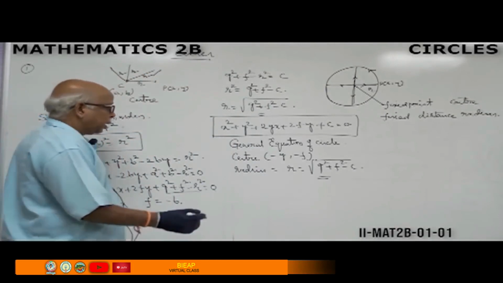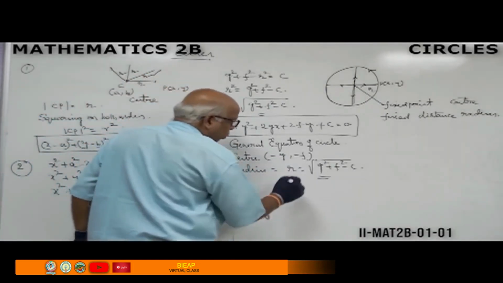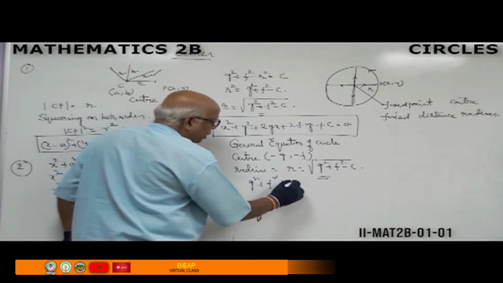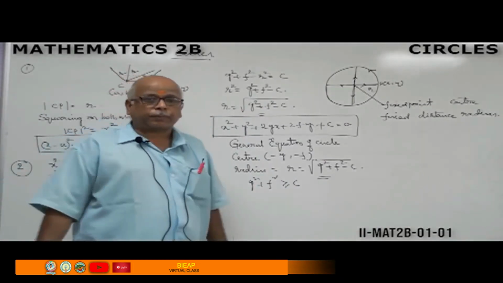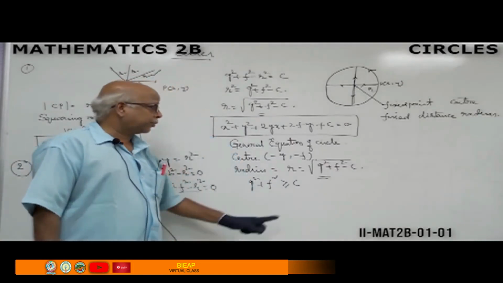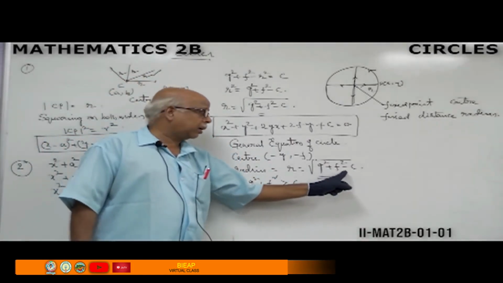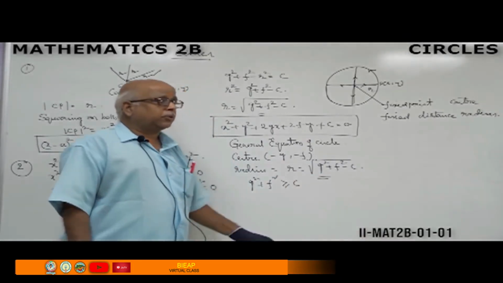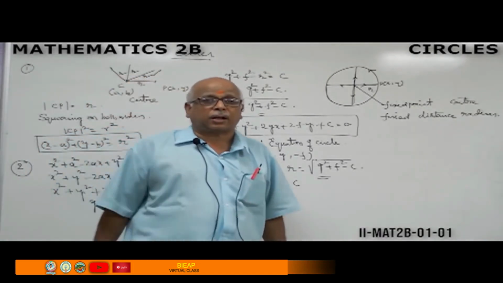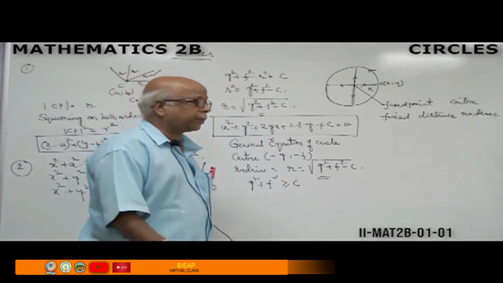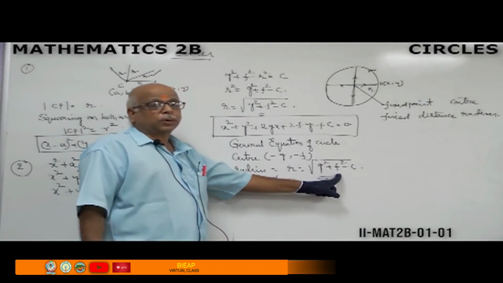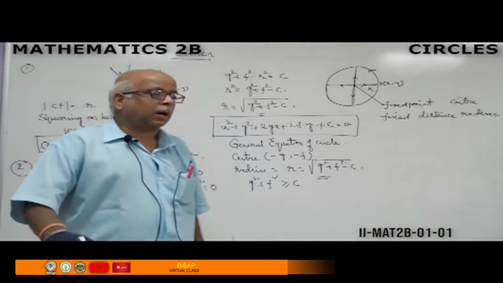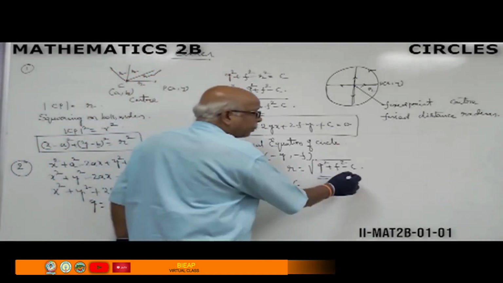Of course, for the well-definedness of the square root, this g square plus f square must always be greater than or equal to c. If g square plus f square equals c, what happens? This totality will be 0, and root 0 is 0. If g square plus f square is greater than c, it is a positive quantity. Suppose g square plus f square is less than c, obviously the totality will become negative.